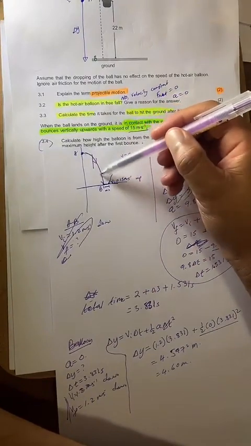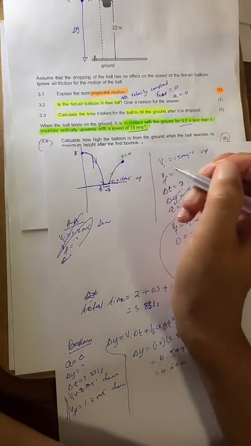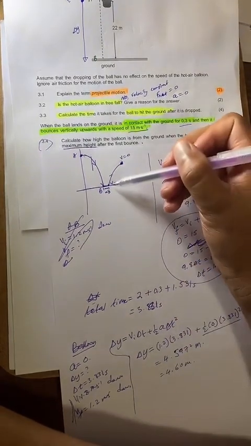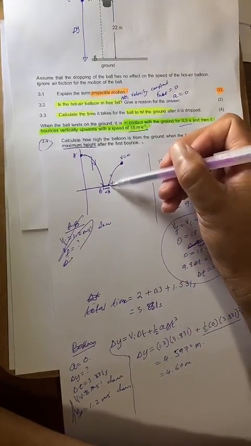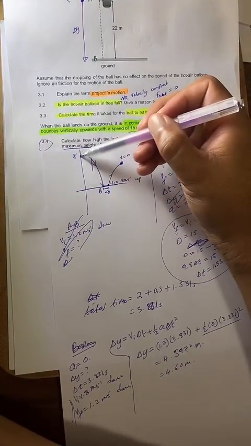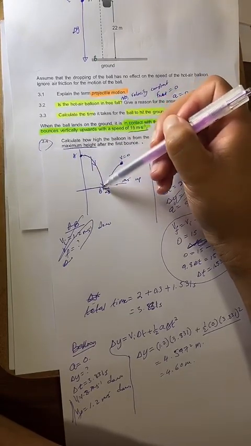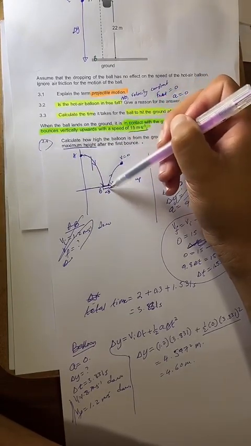Then it bounces and goes up. So we know the time from when it left the hot air balloon up until this part: 2 seconds plus 0.3 seconds.